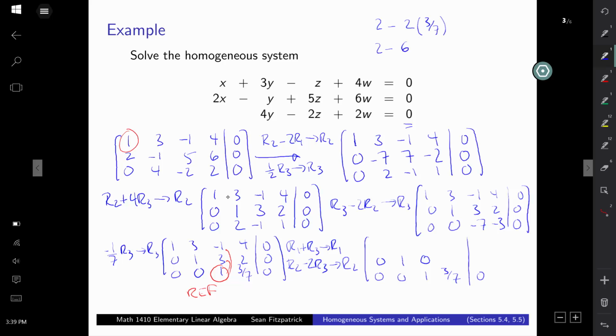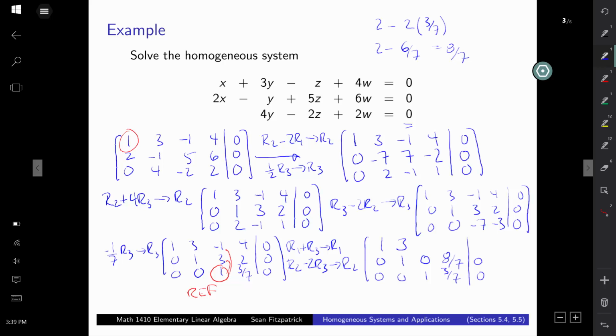So that's 2 minus 6 over 7, that's 8 over 7, right? 2 is 14 over 7. 8 over 7, 0.